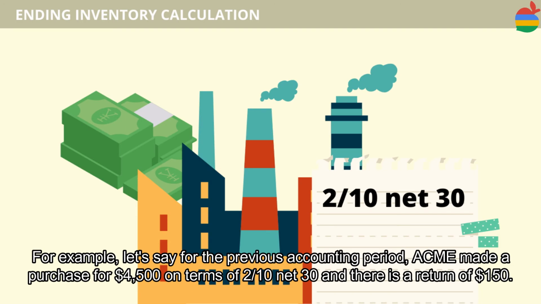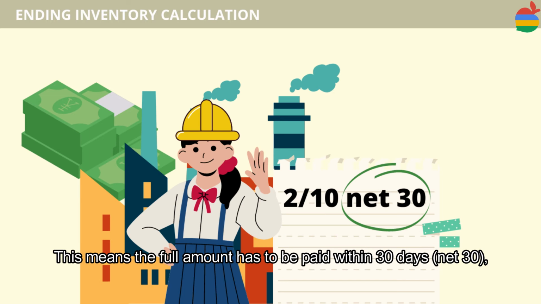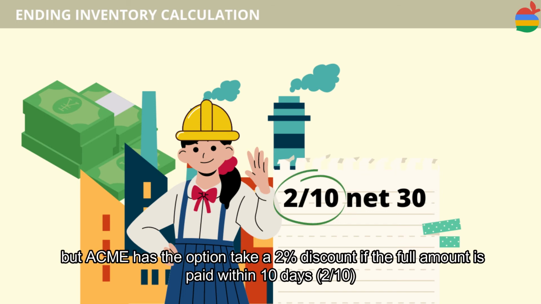For example, let's say for the previous accounting period, ACME made a purchase of $4,500 on terms of 2/10, net 30 days, and there is a return of $150. This means the full amount has to be paid within 30 days, the net 30 days. But ACME has the option to take a 2% discount if the full amount is paid within 10 days.